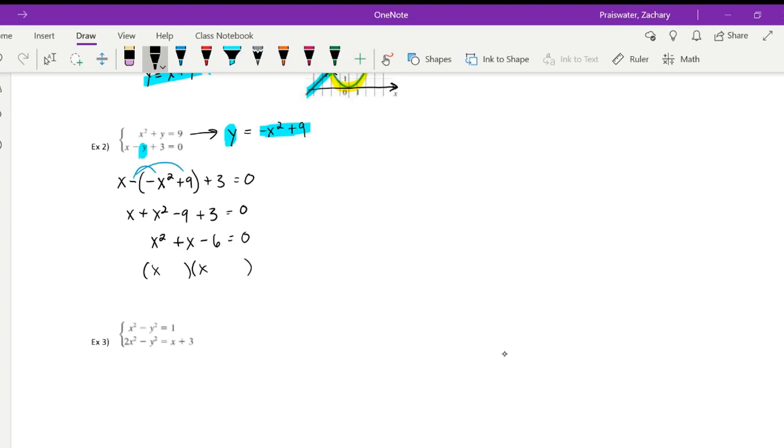Two numbers that multiply to -6 and add to 1 are +3 and -2. So x is equal to -3 and x is equal to 2 after we set both of those equal to 0 and solve.